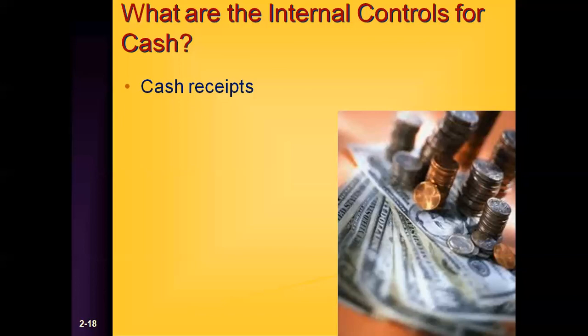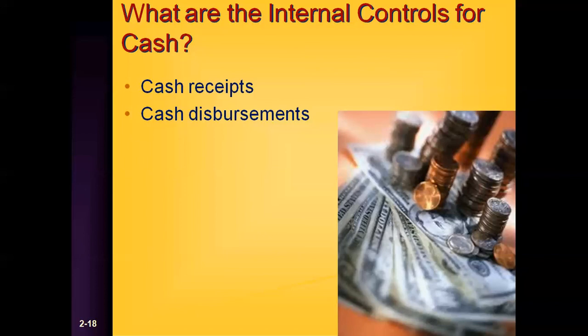So there have to be excellent records in terms of cash receipts, in terms of the separation of duties and who controls cash, as well as the physical control of cash.